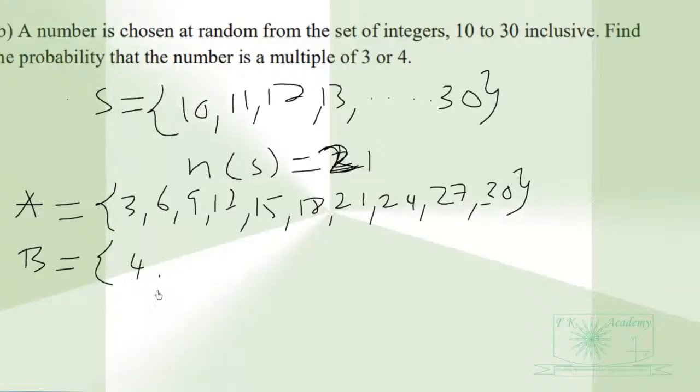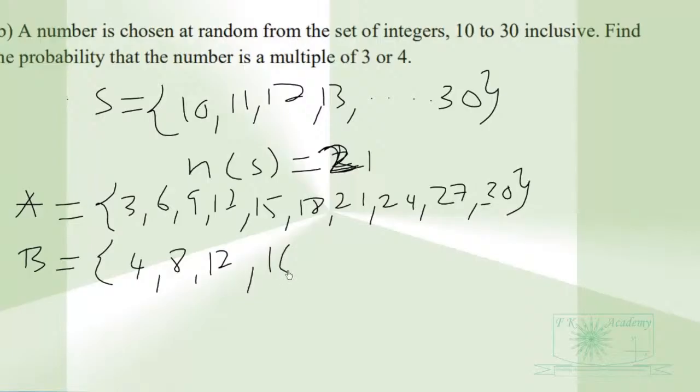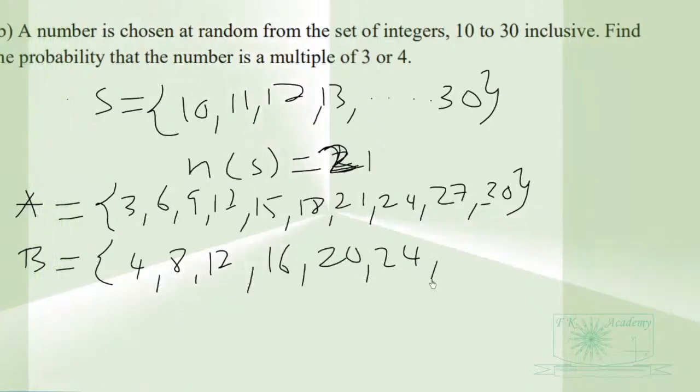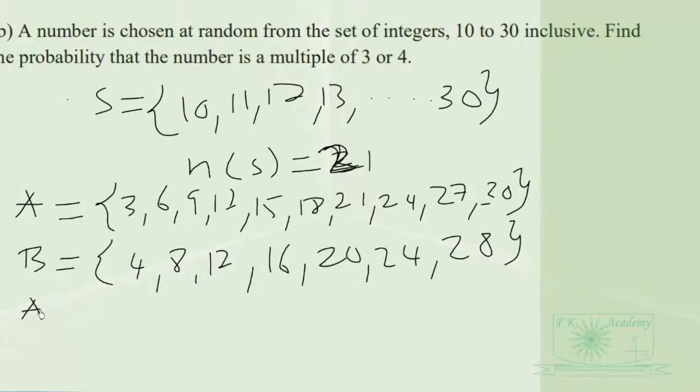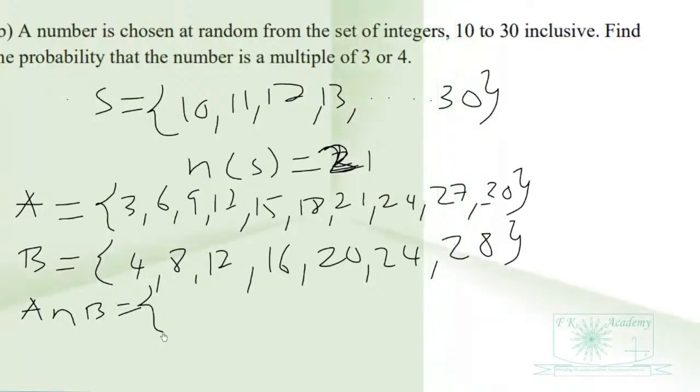Multiples of 4 are 4, 8, 12, 16, 20, 24, then we have 28. So event A intersection B is not a null set. So the events are not mutually exclusive. So A intersection B will be 12, 12 here, 12 here. Then we have 24 here, 24 here.